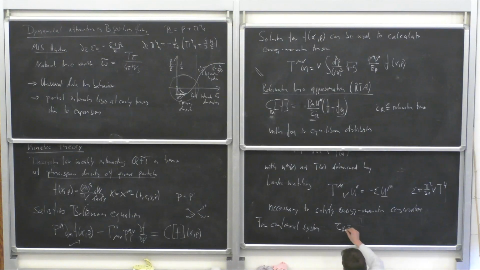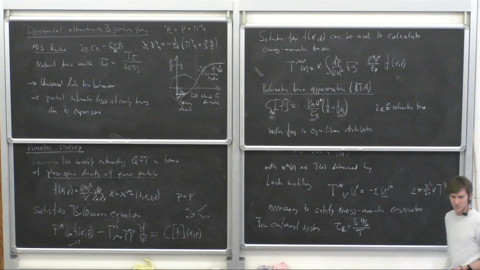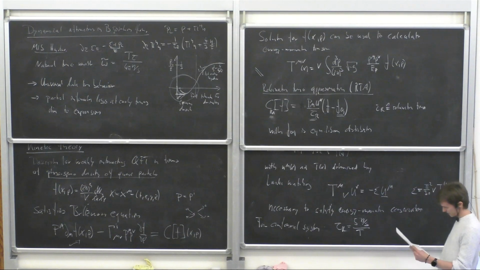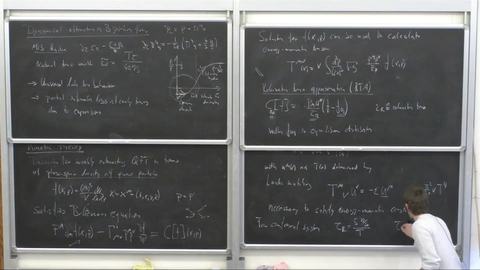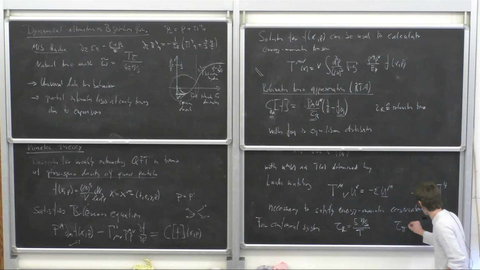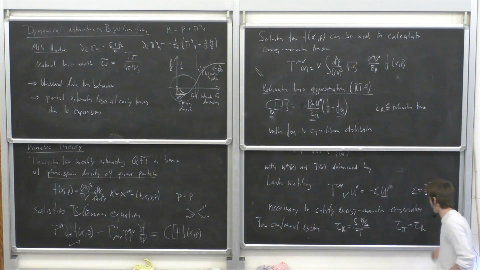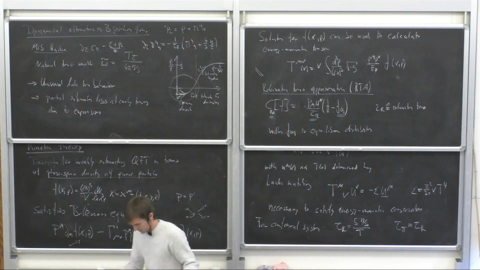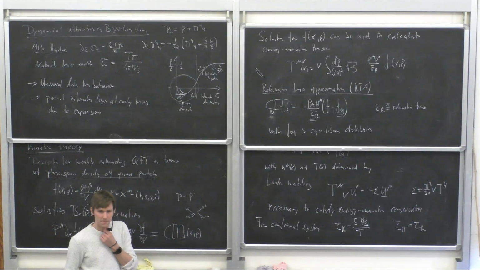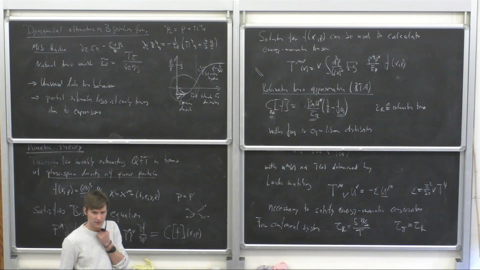So this relaxation time is 5 eta over s divided by the temperature. And if you compute the second order transport coefficient tau pi, it turns out to be exactly equal to the relaxation time, for a conformal system.